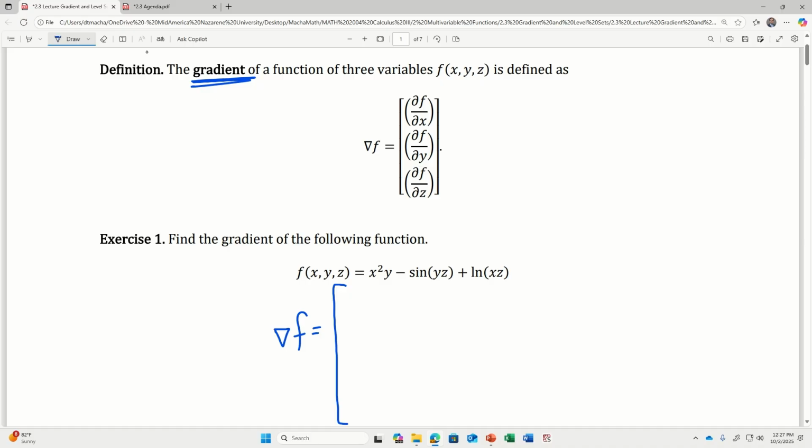We start off and the first entry is the partial derivative with respect to x. So it would be 2xy. The derivative of natural log x is 1 over x. Okay, and then the second entry is the partial with respect to y.